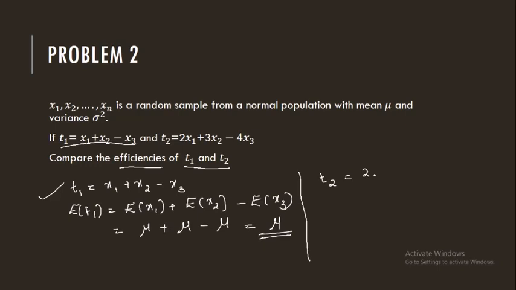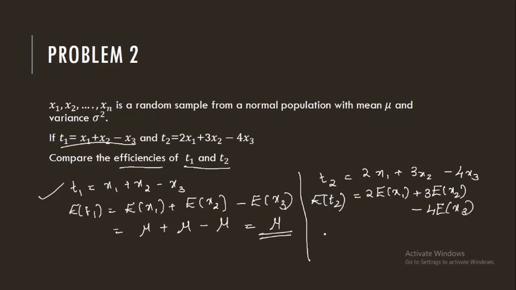T2 is equal to 2x1 plus 3x2 minus 4x3. Calculate the expectation: it is equal to 2 into the expectation of x1 plus 3 into the expectation of x2 minus 4 into the expectation of x3, which is equal to 2 mu plus 3 mu minus 4 mu, which is again equal to mu. So this is also an unbiased estimate of the population parameter mu.